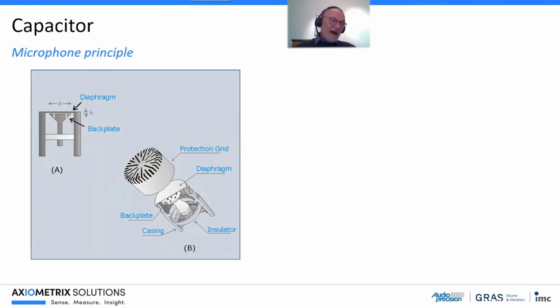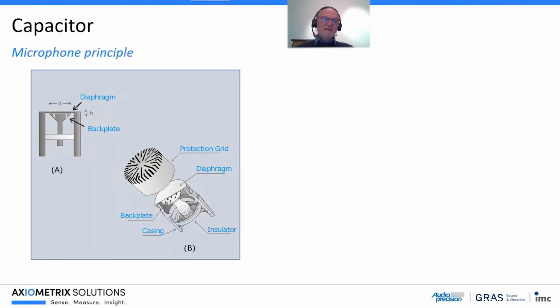So it consists of a housing. The housing will keep everything together. And then it consists of an insulator, a little plate making the insulation between the housing and the backplate. And then we have the diaphragm on the top, and to protect the diaphragm from being destroyed, we have a protection grid.